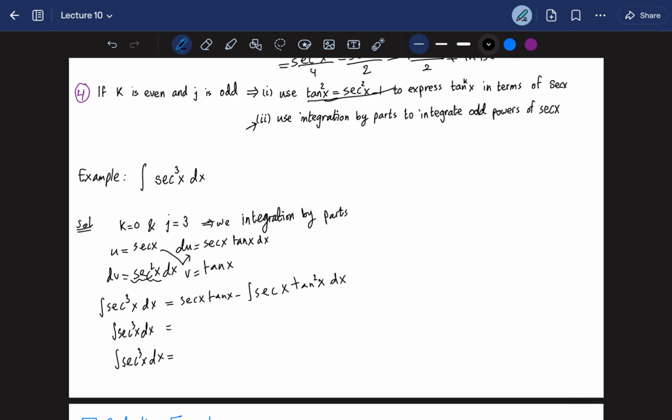Let's look. I have k to be even, j to be odd, so I'm going to apply strategy number 4 again. So what we do is we write the tan in terms of secant using the identity. Let's try and distribute and see what we get.